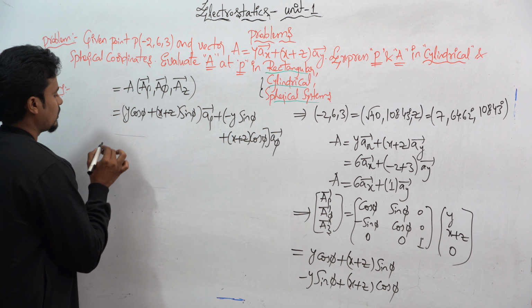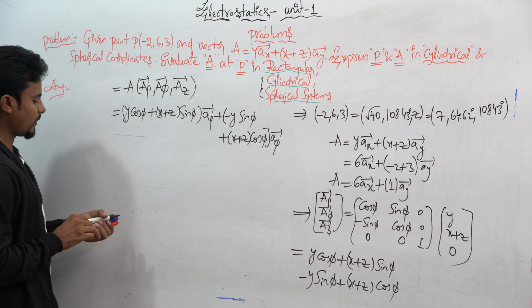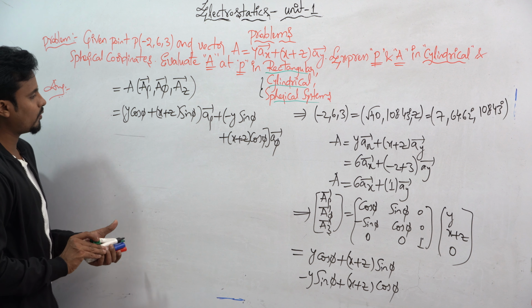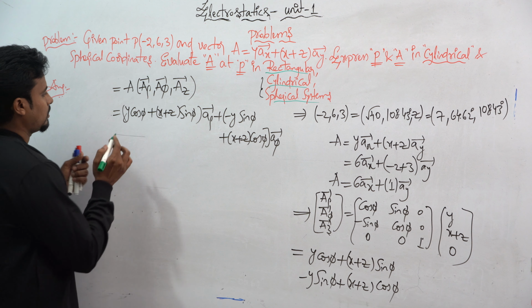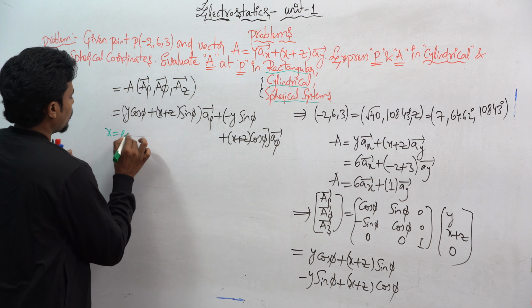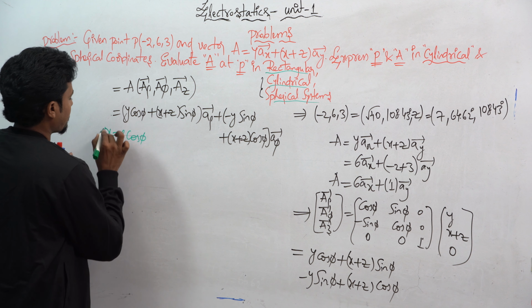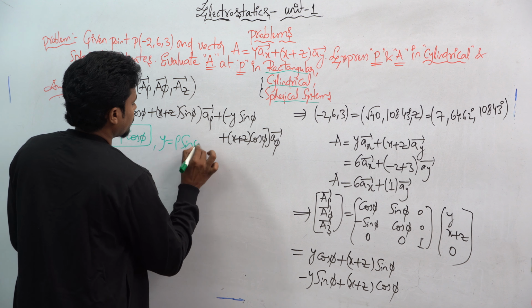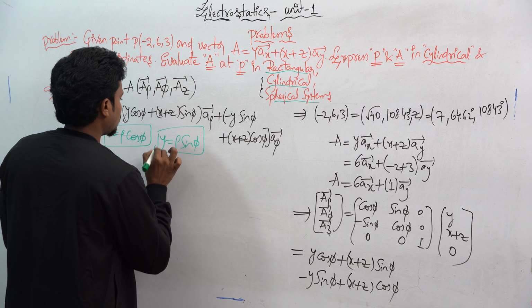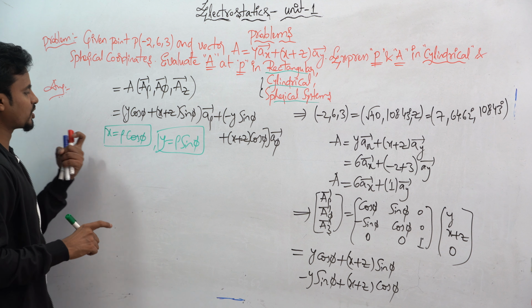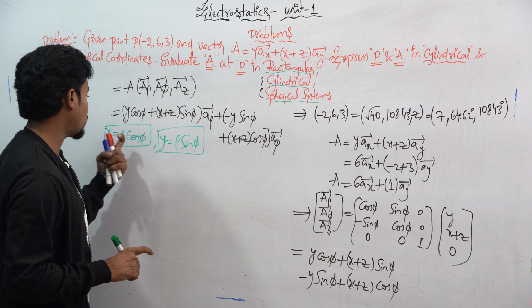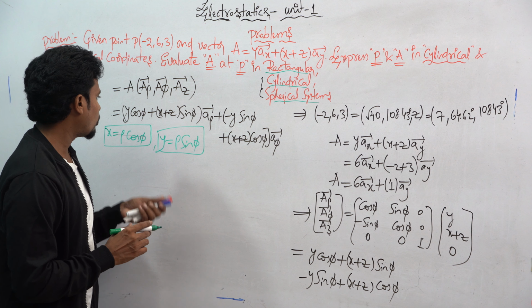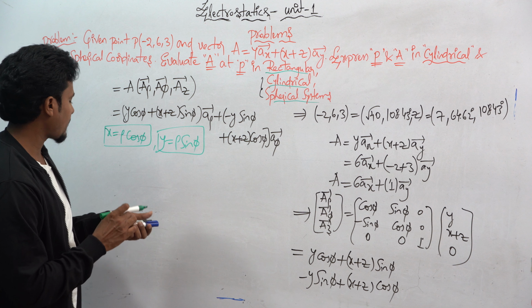Okay, so you know what will happen: x is equal to ρ cos φ, and y is equal to ρ sin φ, from the conversion of Cartesian to cylindrical. Now put these two in here.